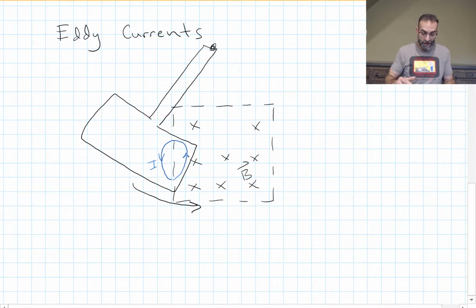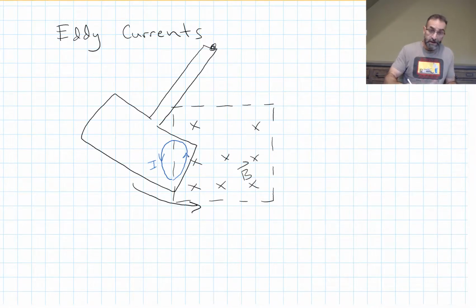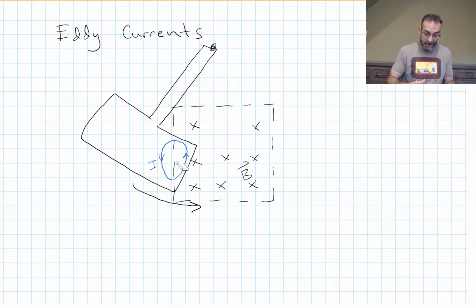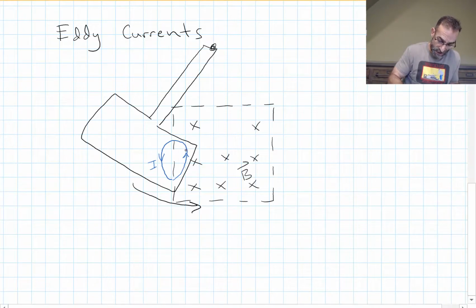Now we have a current moving toward the top of our page for the most part, right here in this section. And that current is in a magnetic field. It's going to feel a force. What direction is the force on that current? To the left.